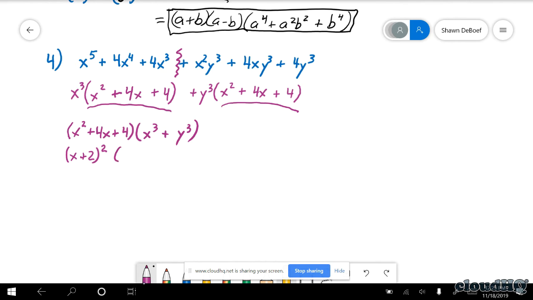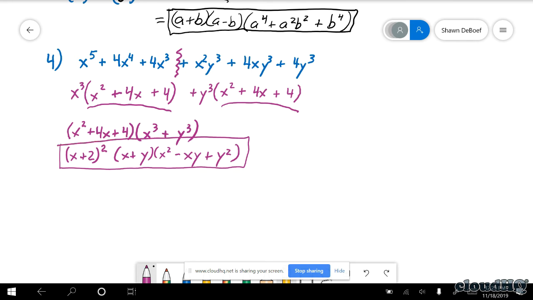So it goes to x plus y times x squared minus xy plus y squared. And now I'm done. They're not always going to be factorable, like where you can factor further, but sometimes they are, like this case.